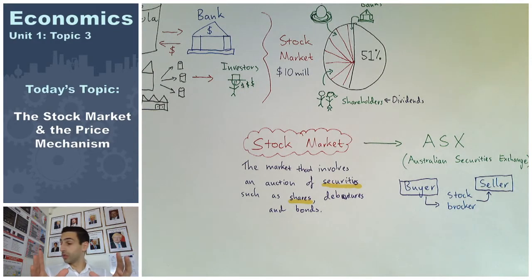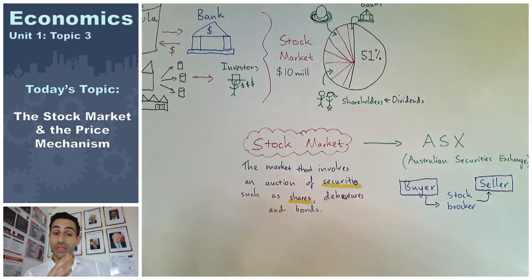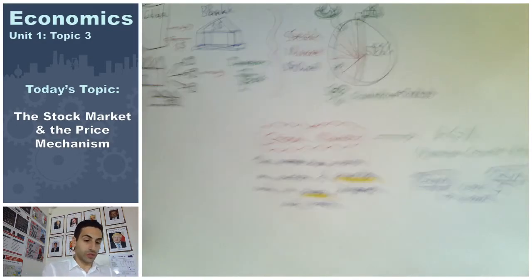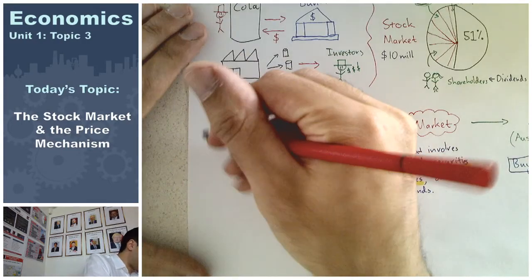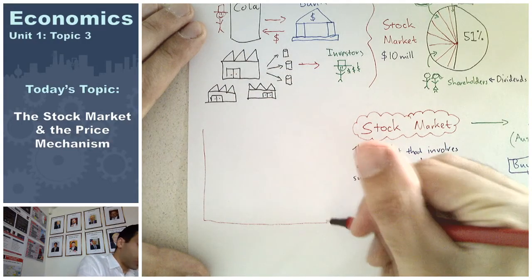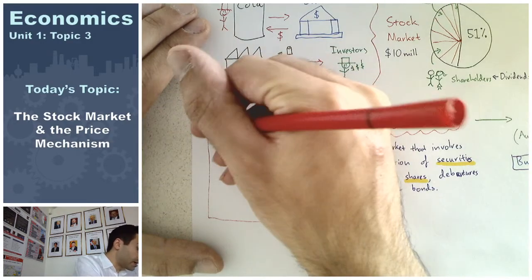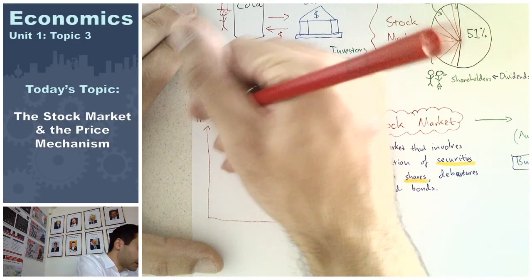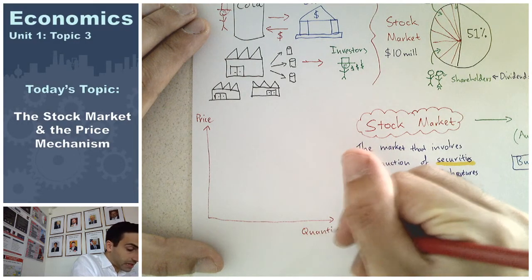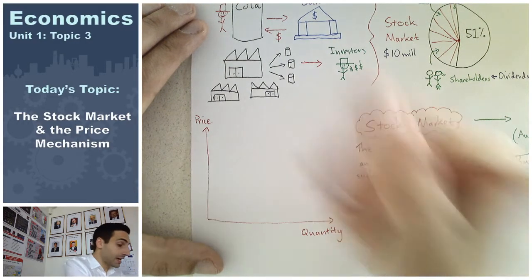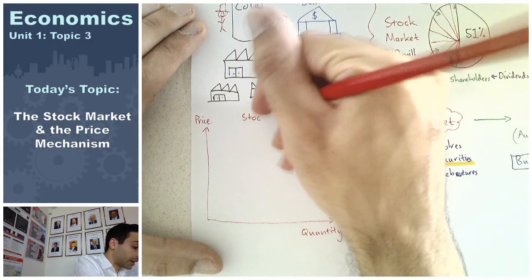But now we need to look at the price mechanism of demand and supply and what that looks like on this particular market. So let's have a look at the price mechanism. Like always, we're just going to sketch out supply and demand, price and quantity are always our axes, and now this is the stock market.